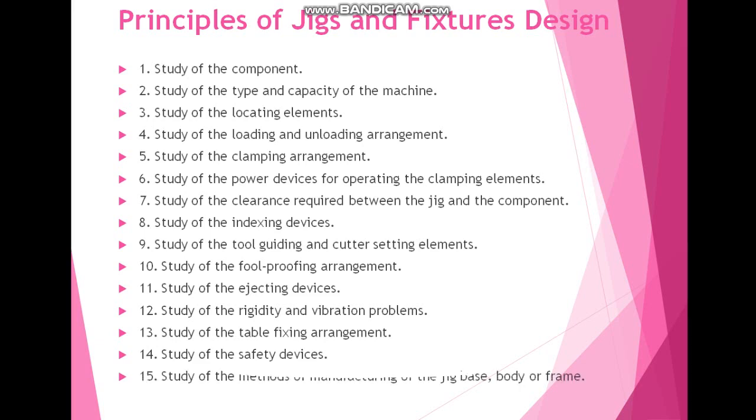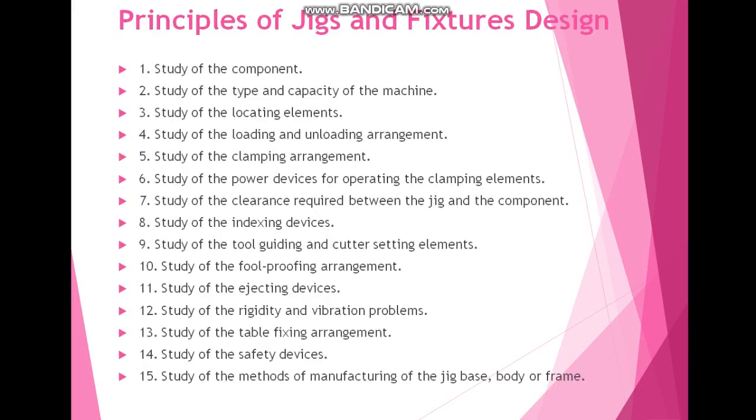Next, the study of the method of manufacturing of the jig base and the body or frame. Before designing jig and fixture, we have to study different methods to manufacture the jig base, body and the frame of this jig or fixture.